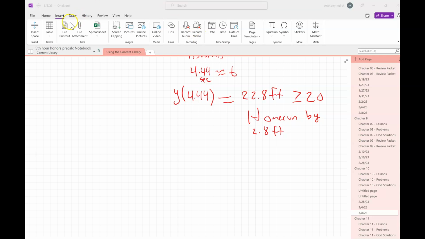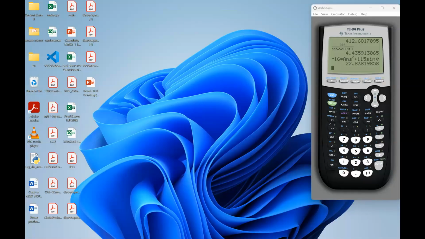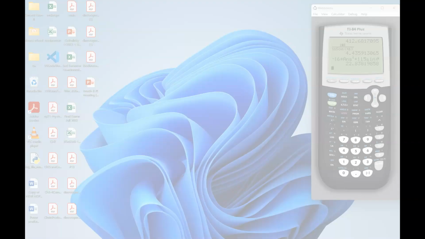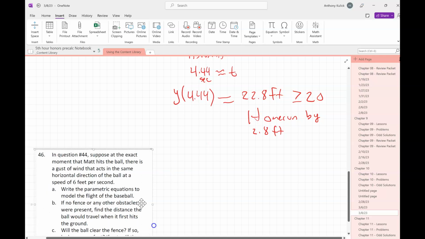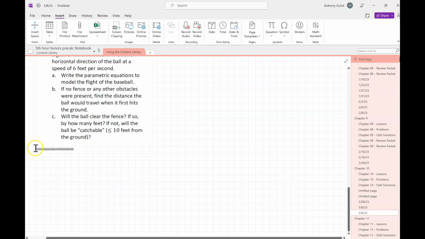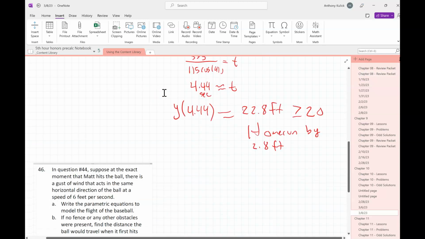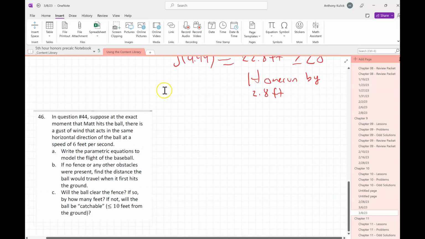All right. Oh, this is convenient because it's a continuation of the previous problem, right? Because we just did 44, correct? Okay, good.